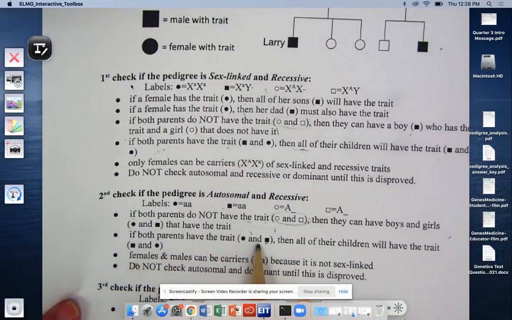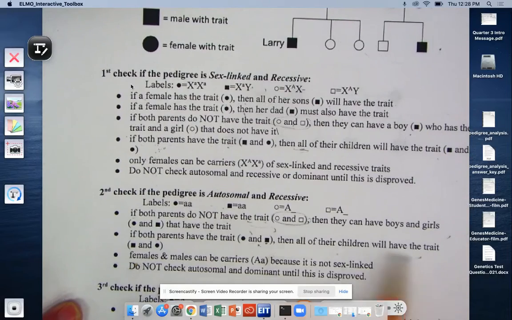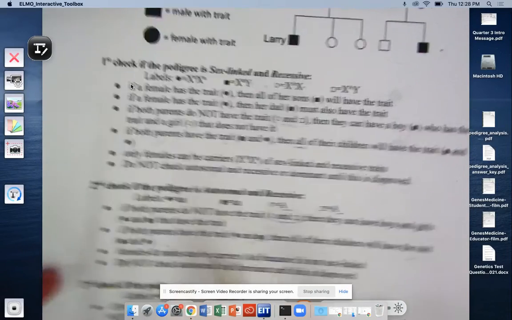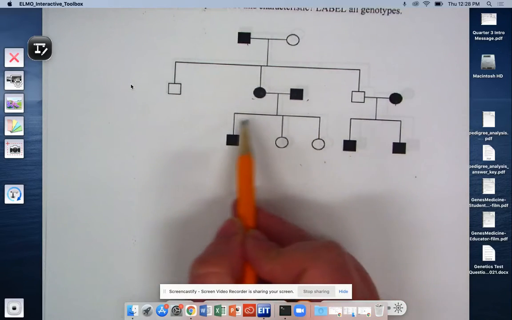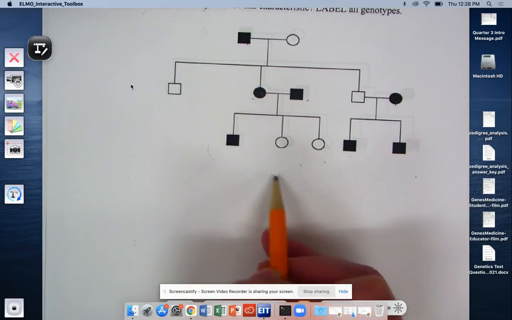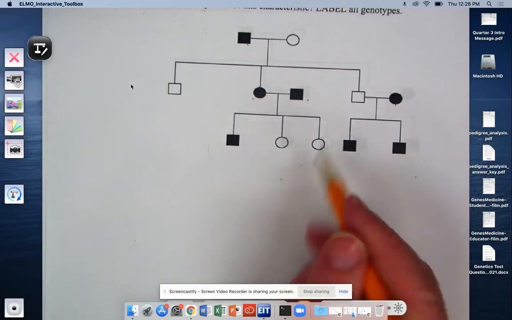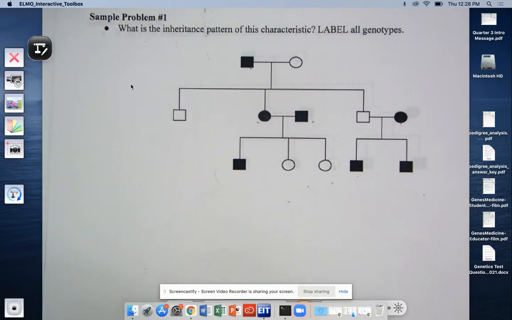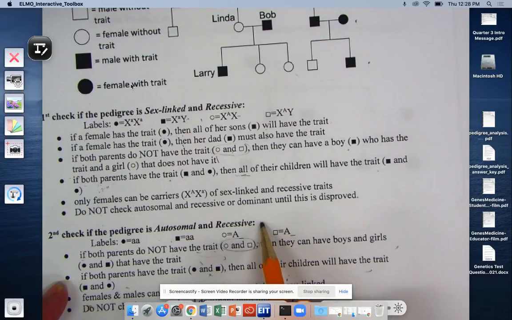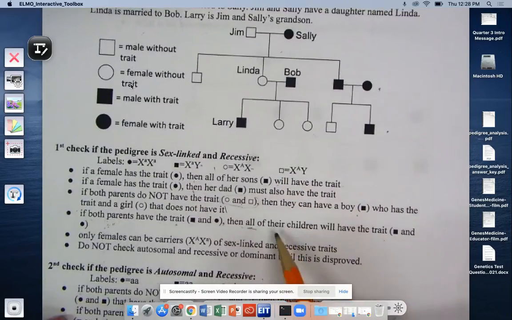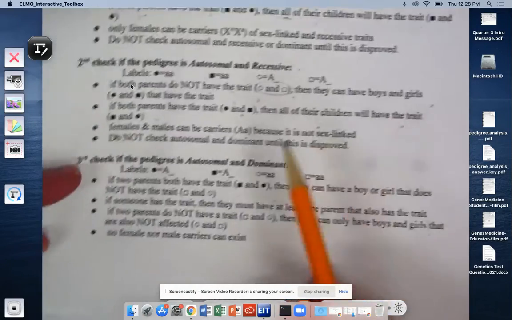If both parents have the trait, then all of their children have the trait. Both parents have the trait, but not all children have the trait. So it's not autosomal recessive. So that's a no. So we already clicked off no and no. Last one.